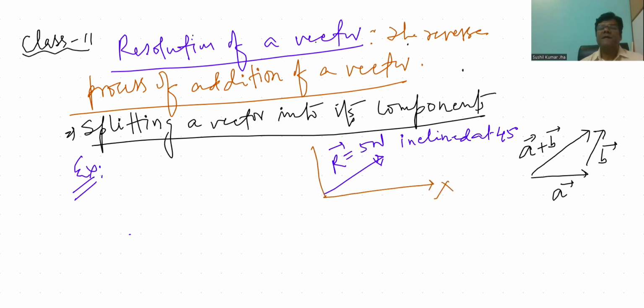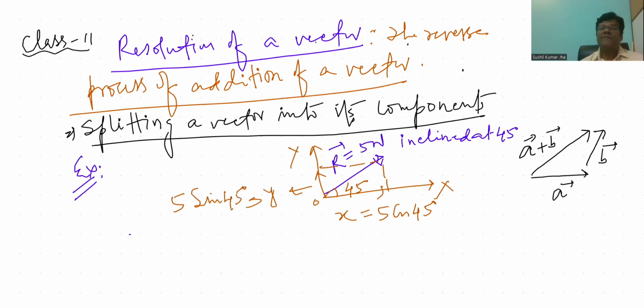It is inclined at 45 degree. If you resolve, this is the x component. So x is 5 cos 45 degree and the y component would be 5 sin 45 degree, right? So 5 cos 45 and 5 sin 45.